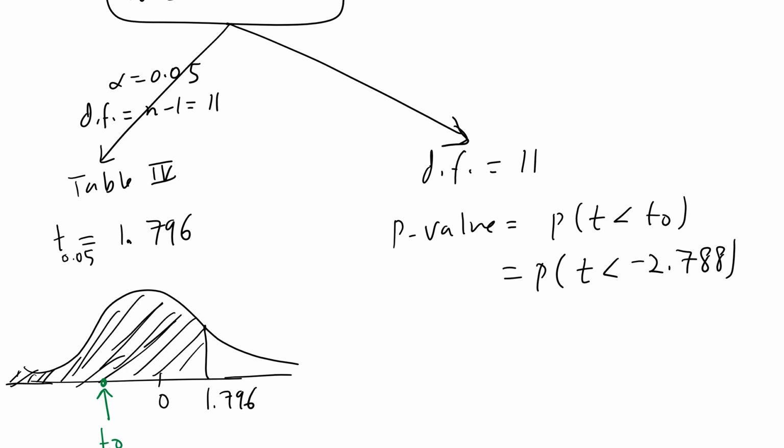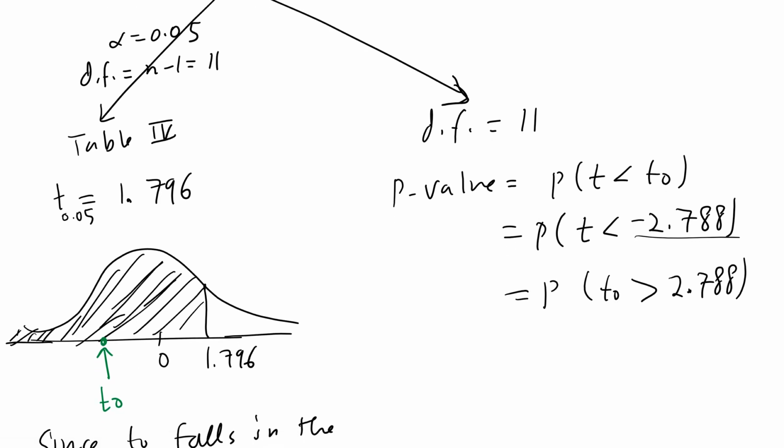But because of the symmetry of the t distribution, the area under the t distribution to the left of this number is the same as the probability that t is bigger than 2.788. So we are dealing with positive numbers, so we don't bother with the negative ones.